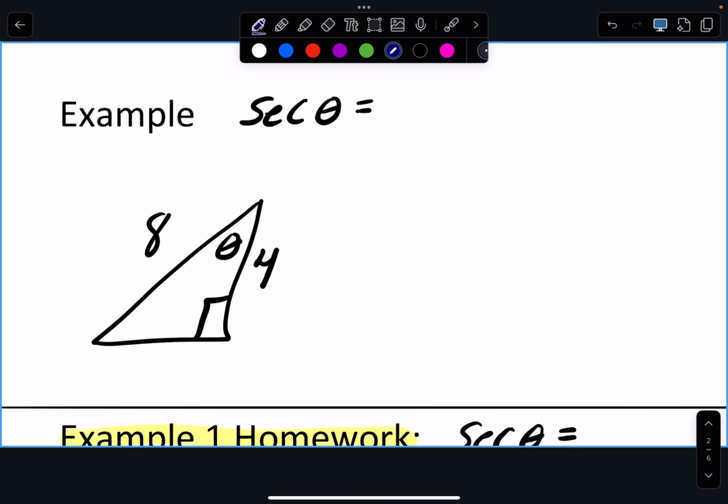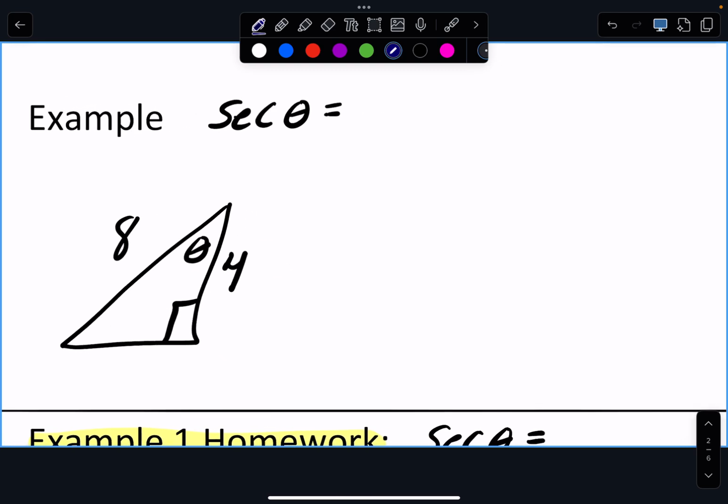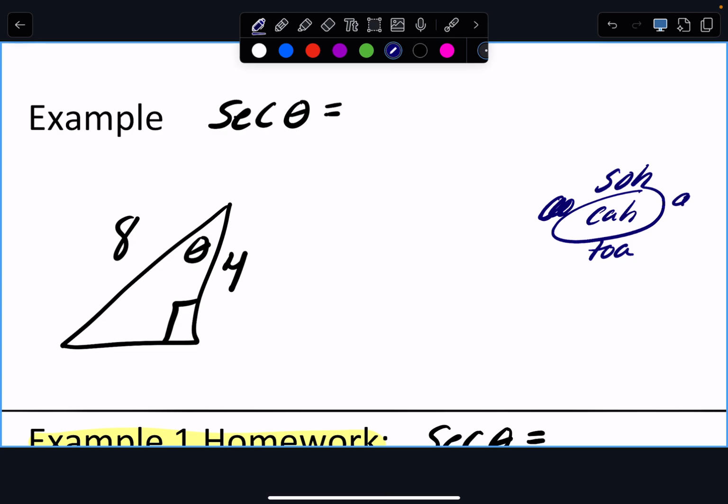Okay, secant of theta is a statement. You would say, okay, secant, what's that the reciprocal of? So, CAH or TOA? CAH. So that was A over H normally. So won't it be H over A? So H is 8. Adjacent is, they gave it to us, didn't they?